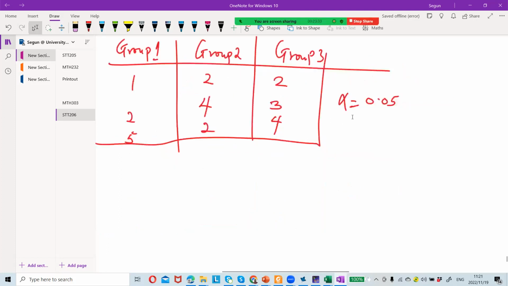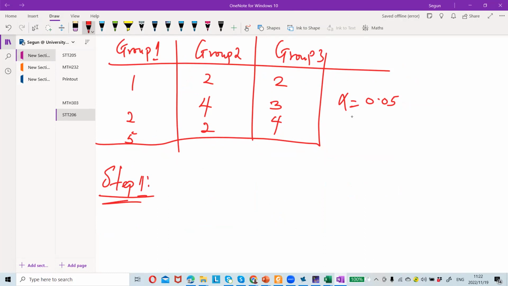So let's start. Step 1, to state the hypothesis, H naught simply means mu 1 is equal to mu 2 is equal to mu 3, the populations are equal, because we have 3 groups. Group 1, group 2, group 3.